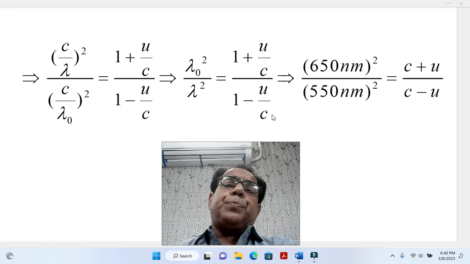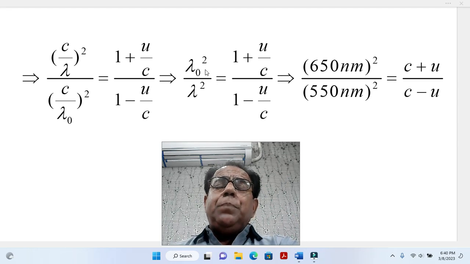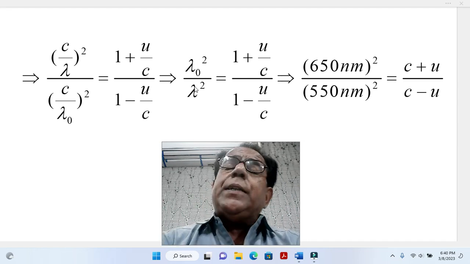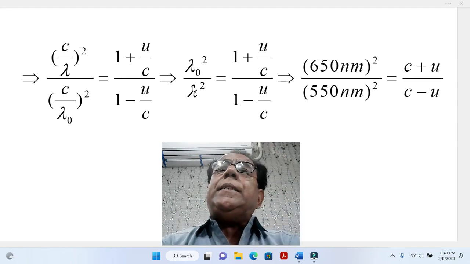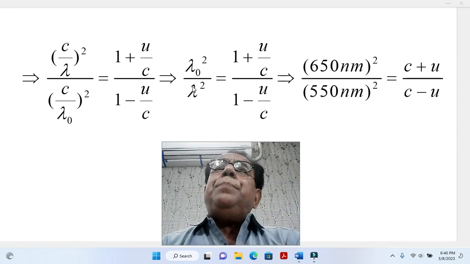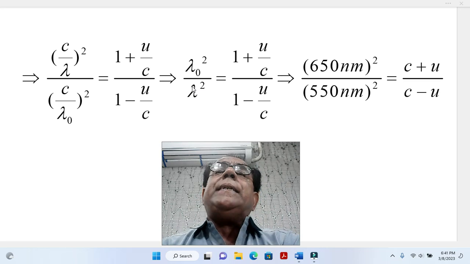This implies that here we have simply put the values of lambda naught and lambda, because at the start of this problem we had assumed that the light which is mentioned first will be taken with subscript naught.